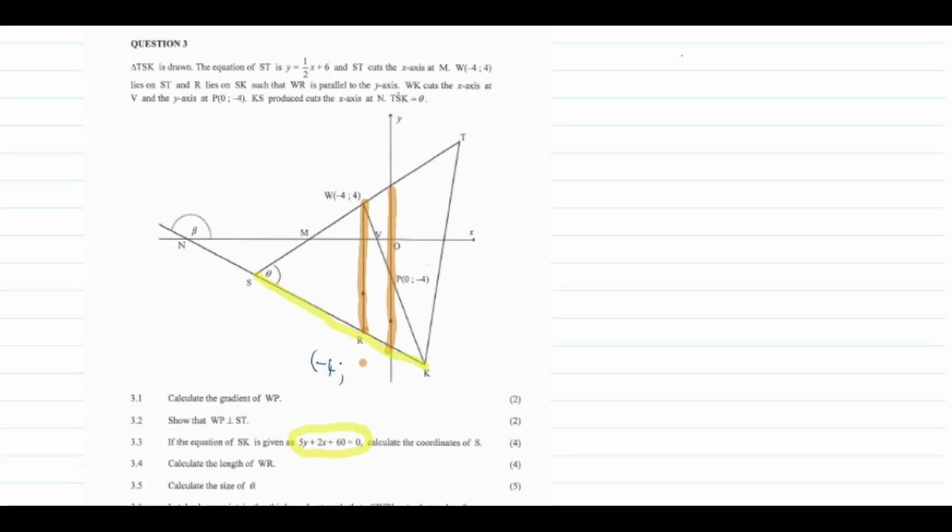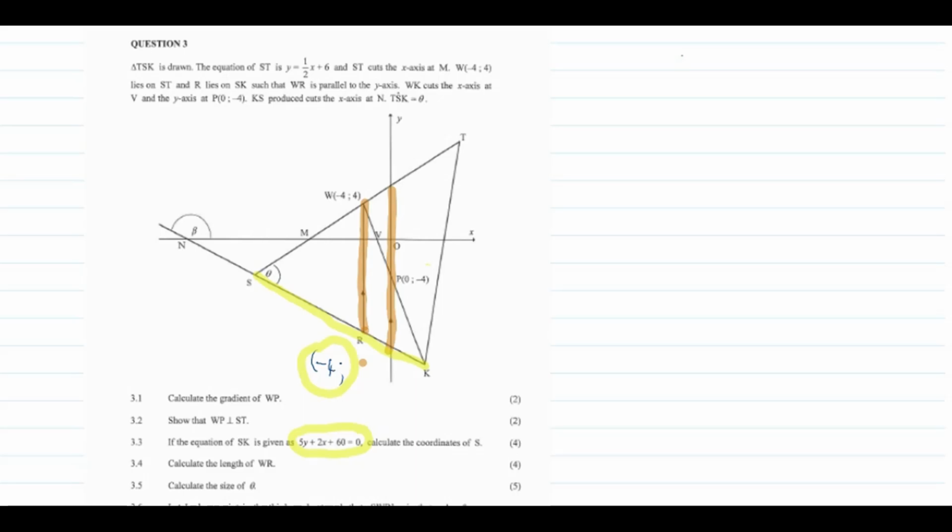If we know the equation of SK and we already know the x coordinate of our R, then we're going to substitute that x coordinate of R into the equation of our line SK to give us the y coordinate of R. Okay, I'm going to repeat that, guys.